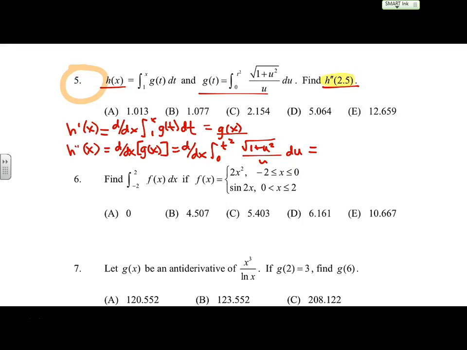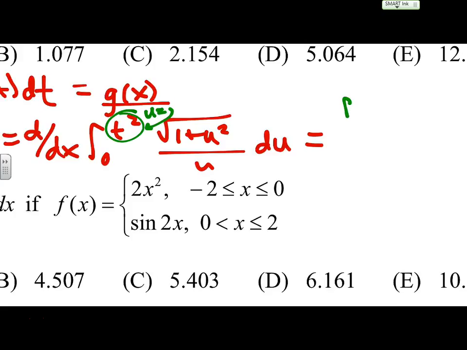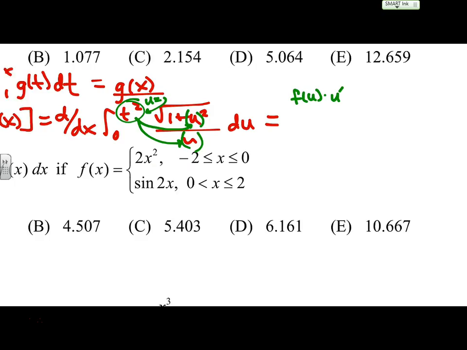But guys, FTC part 2 again. Who's my u in this integral? To solve, I'm going to go ahead and find what's f of u times u prime. It's time to plug this puppy in. Needs to plug in wherever there's an argument, and then times u prime. So I'm going to end up with the square root of 1 plus who squared?